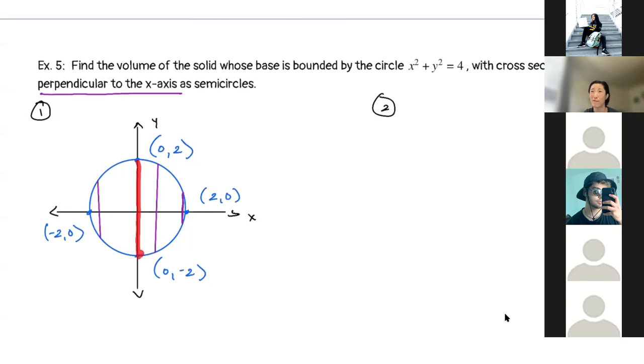That purple line would be 4, right? So we don't want to do like we did before, where we find this distance and then we double it to find the whole thing. In fact, as soon as we get that top curve, that's our curve.